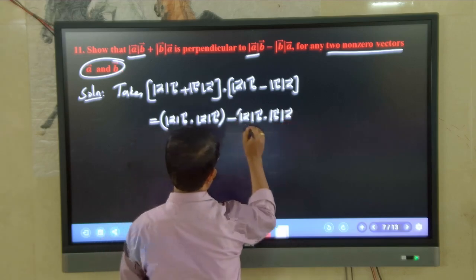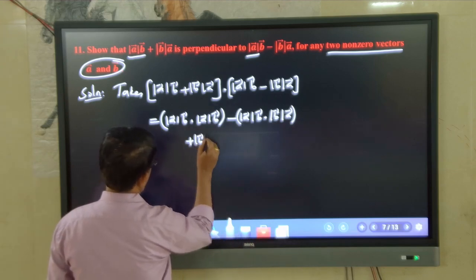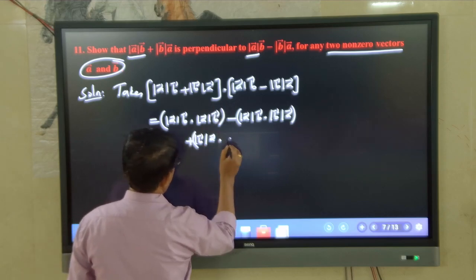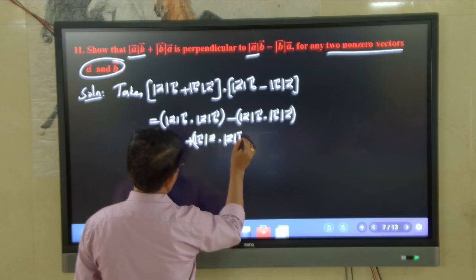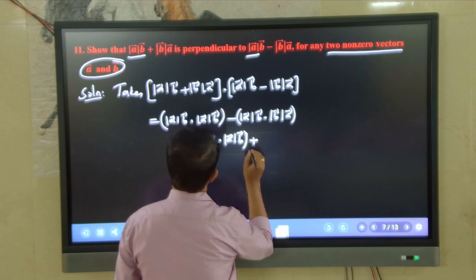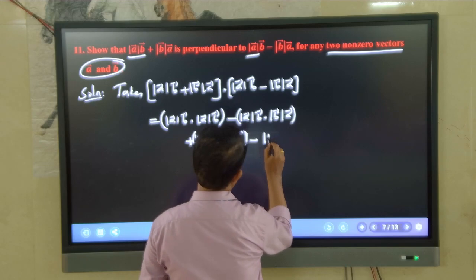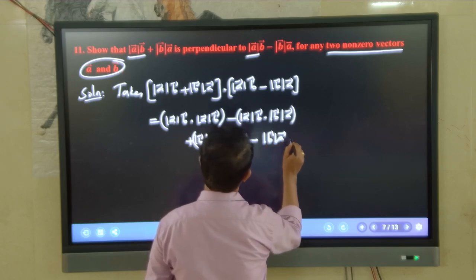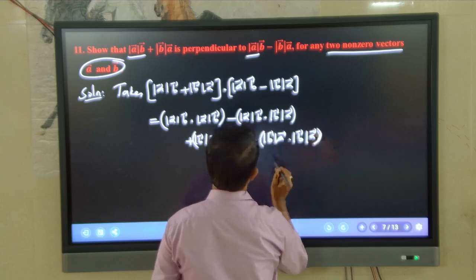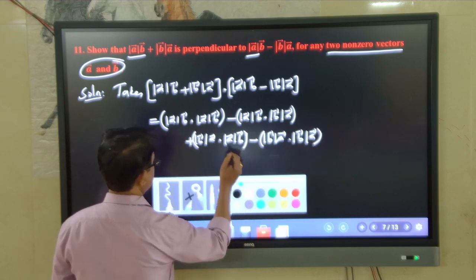And then next, plus |b|a dot |a|b, minus |b|a dot |b|a. That is equal to, cancel. Yes, it is commutative, correct?